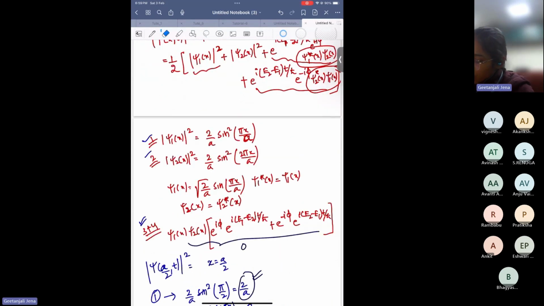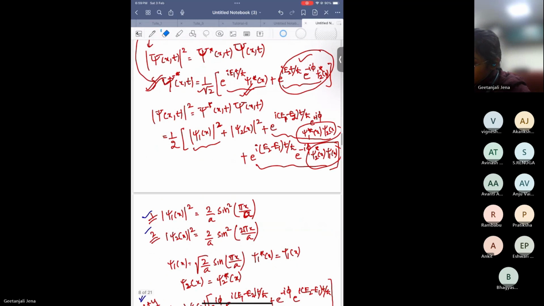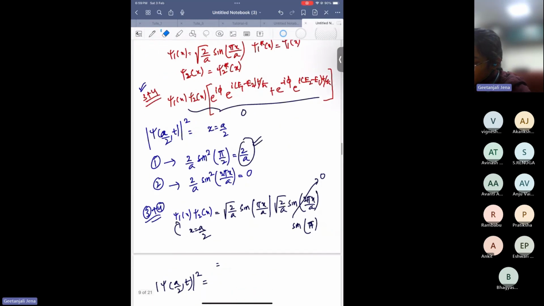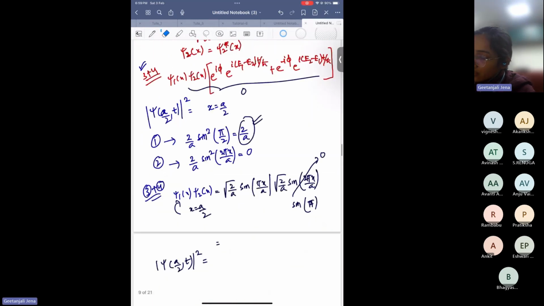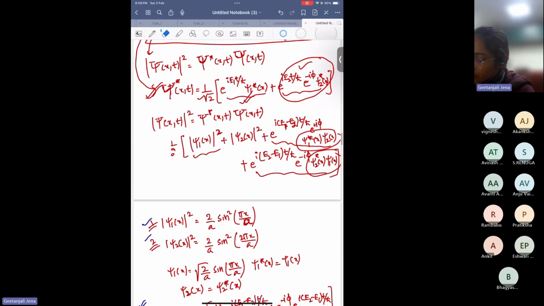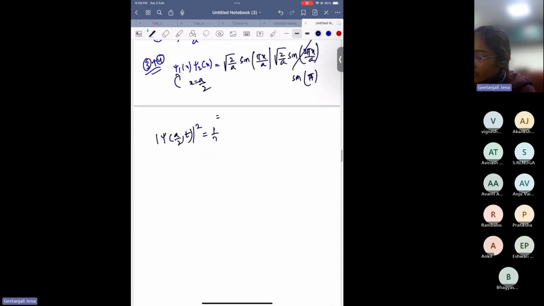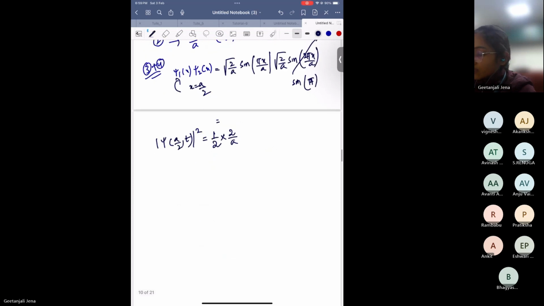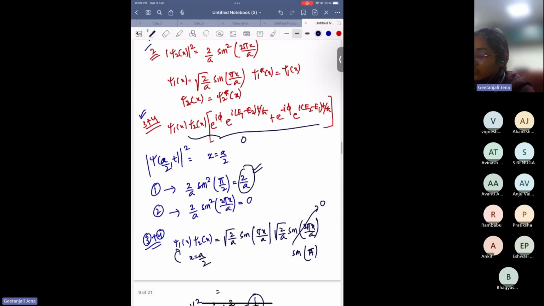To put this, you will get 1 by 2 here. There is a 2 by a here. So there is a 1 by 2 here. So this means 1 by 2 into 2 by a. This is 1 by a. So the final solution is this.